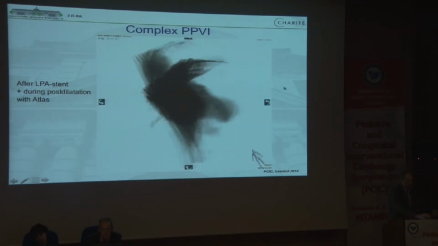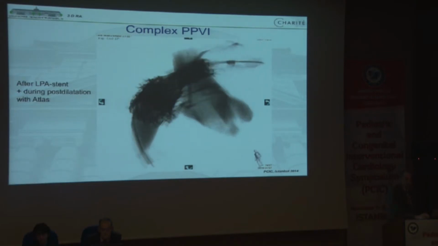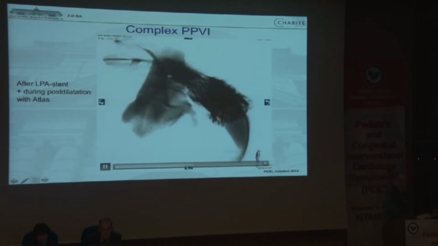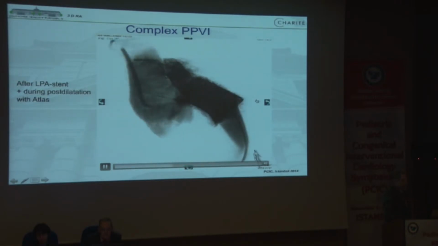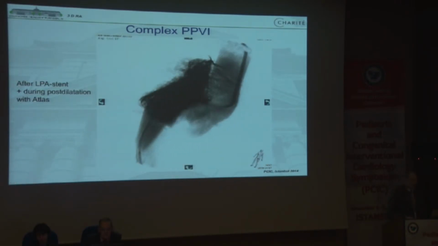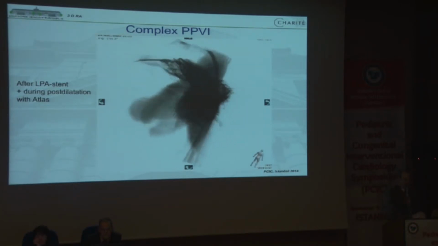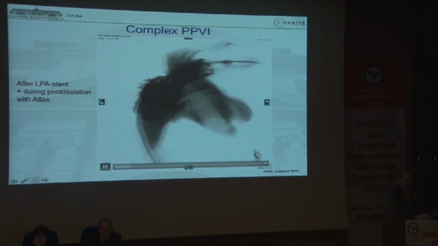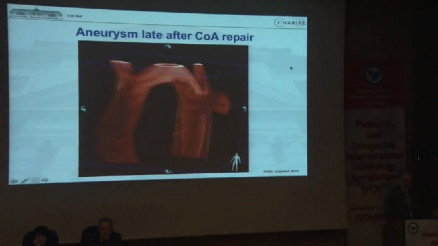You can also watch during the inflation of the balloon, which is an Atlas balloon here, inflated during the angiography, to see whether this will impinge or impair the flow of the coronary artery during the inflation, which is reconstructed automatically in a short second.